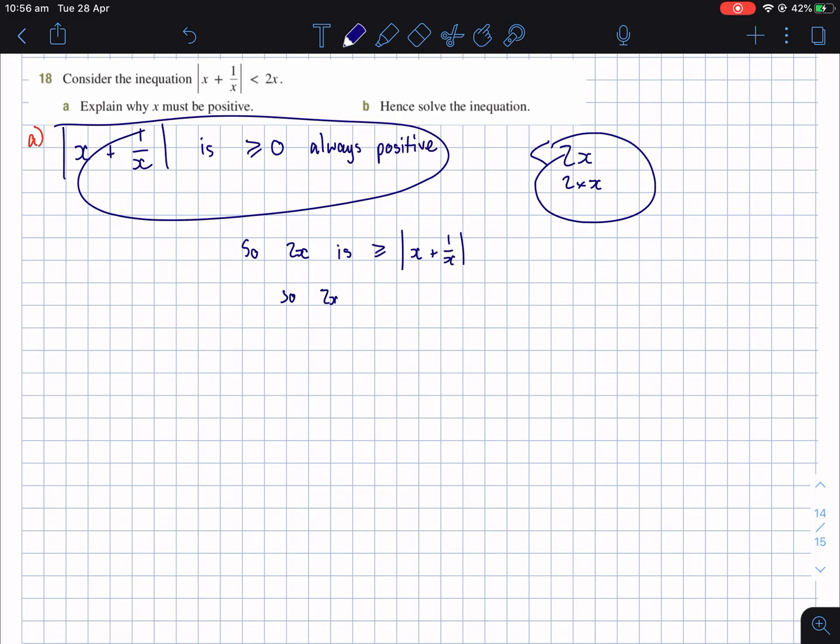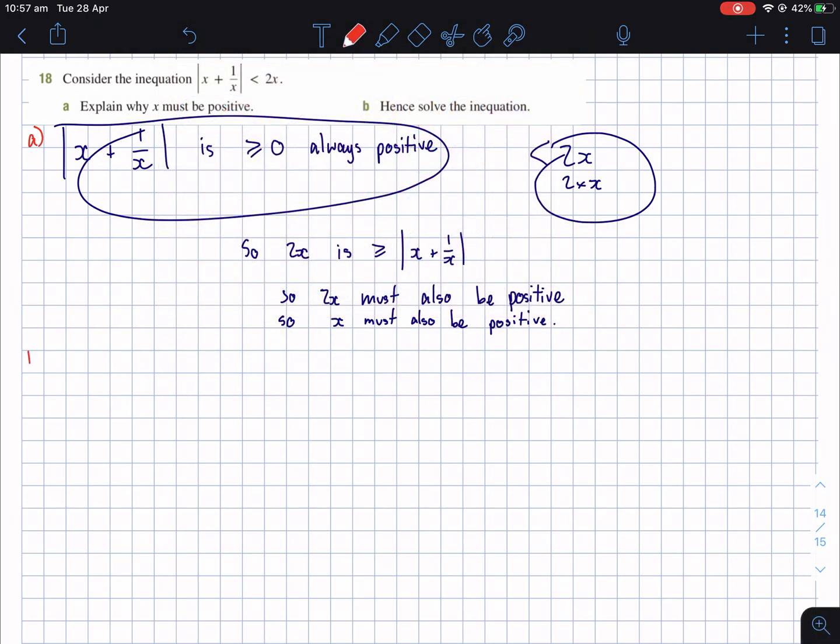So 2x must also be positive. Now, if 2x is positive, that means x must be positive, because if x was negative, it would be 2 times negative, which would come out as a negative number. So x must also be positive.